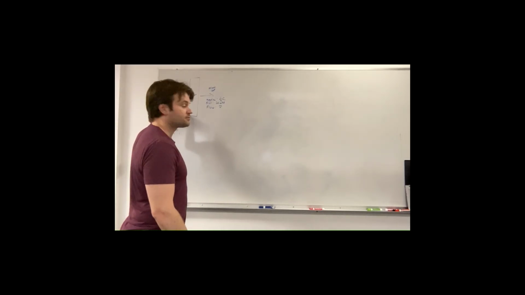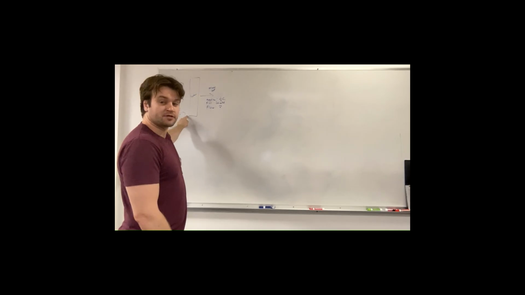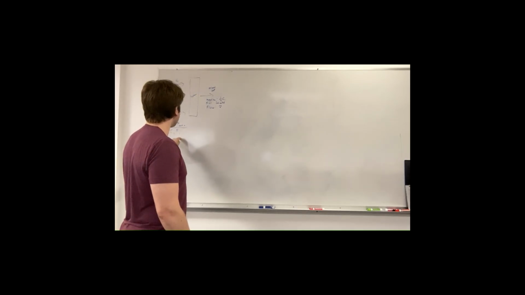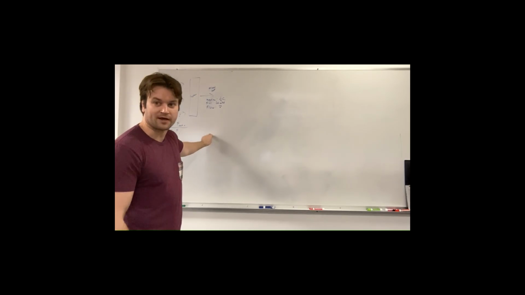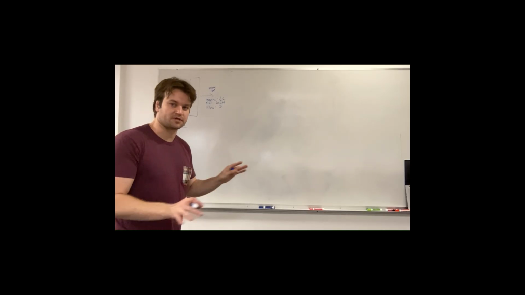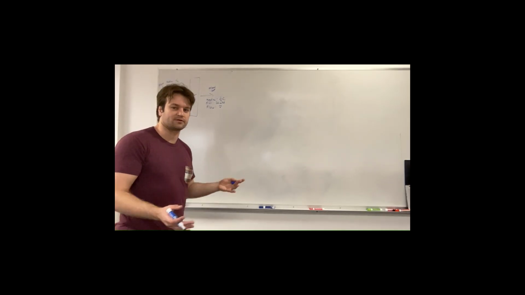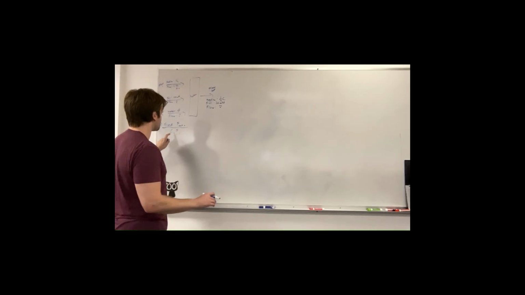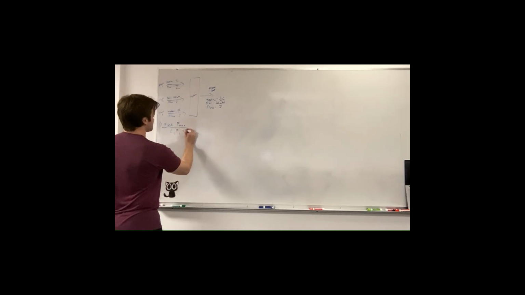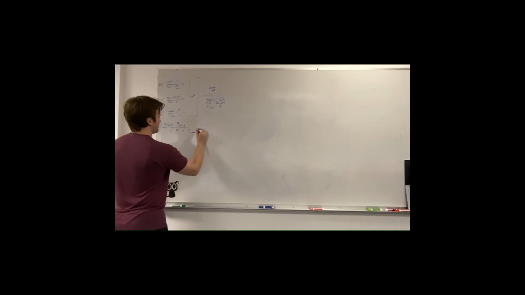These other two have zero media in them. So even if we did do C1, F1, C2, F2, all that, they would cancel out because there's no media whatsoever. So what we're left with, in terms of media, is just C1, F1 is equal to C out, F out.